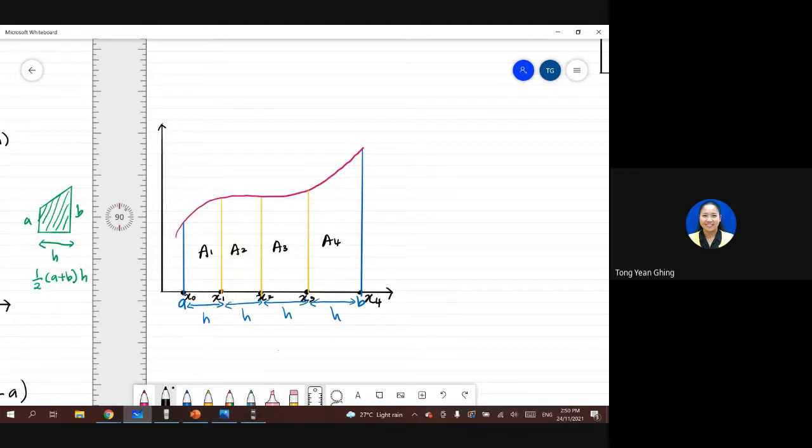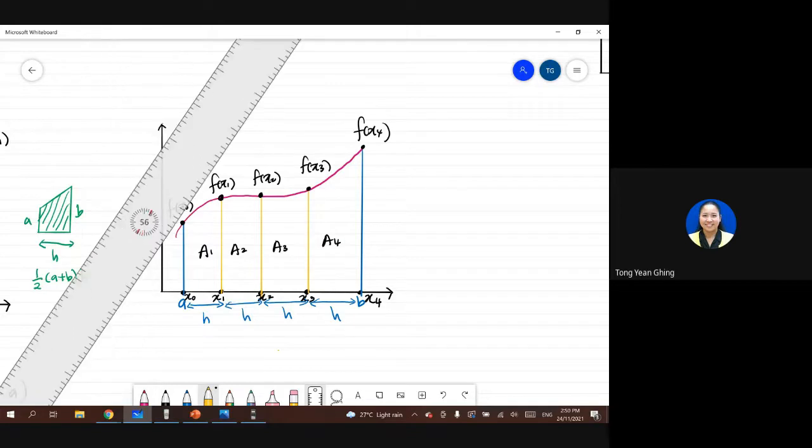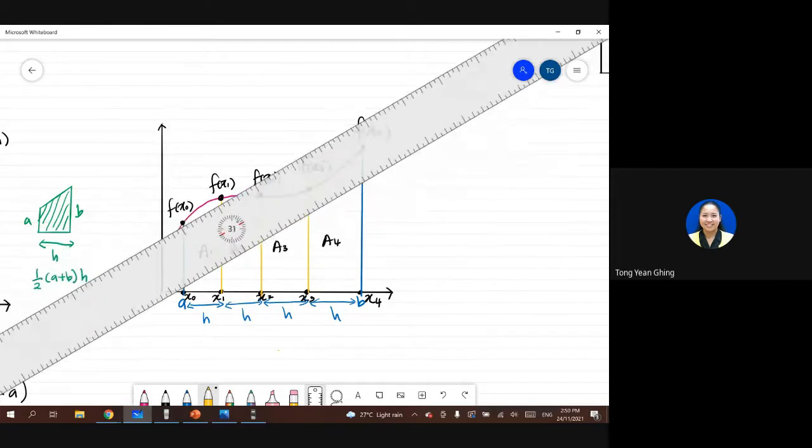I rename them, and for sure the values here will be f(x0), this is f(x1), this is f(x2), f(x3), and this is f(x4). Now let's say I draw this as trapezia one by one, connecting these two points.